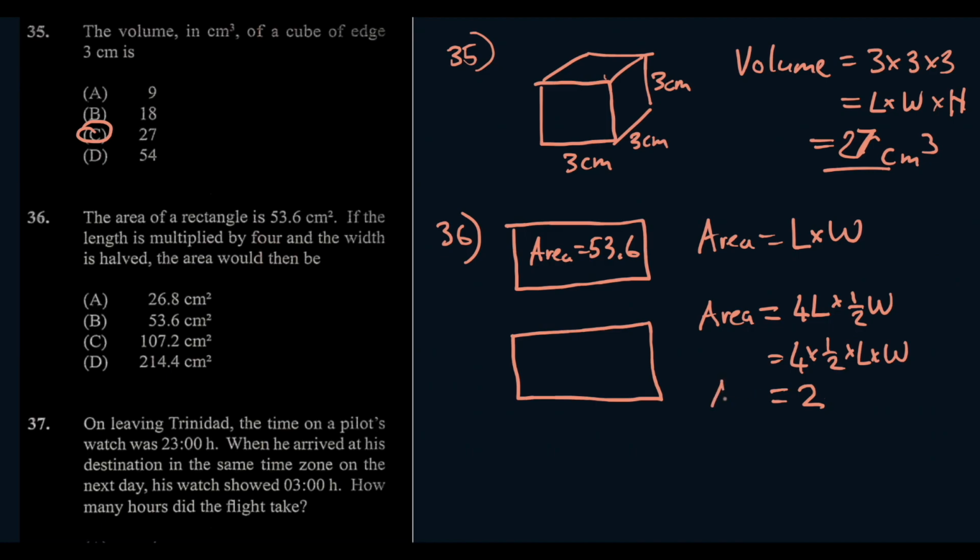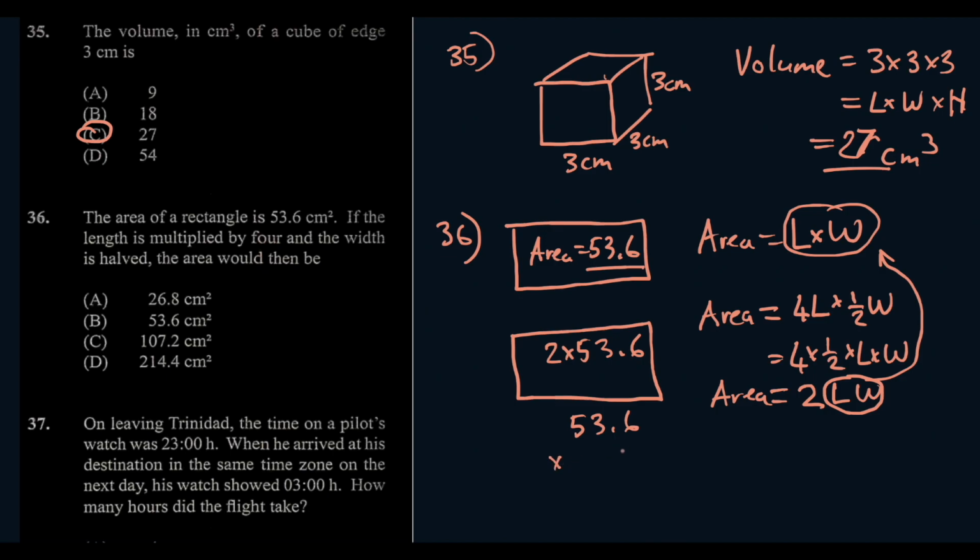So we are saying the new area is 2 times the length and width of the old one. This length and width represents the old one, because that's what they told us. Since we knew that the old area was 53.6, the new area must be 2 multiplied by 53.6. So if we work that out, it's going to be 53.6 times 2.